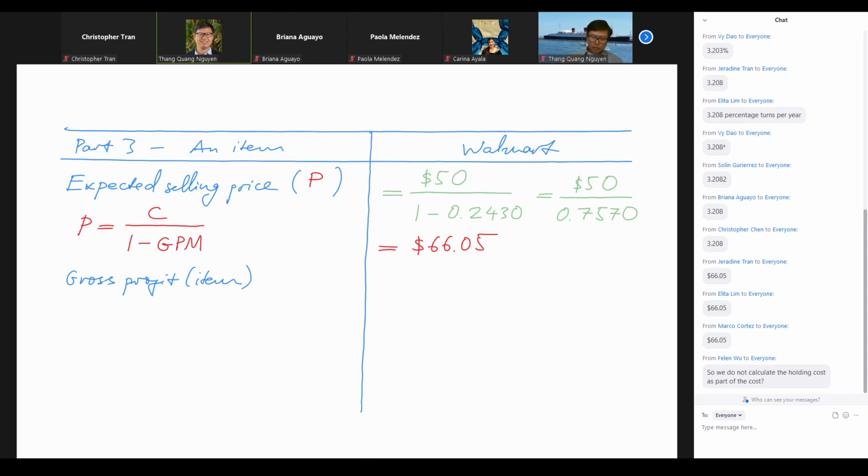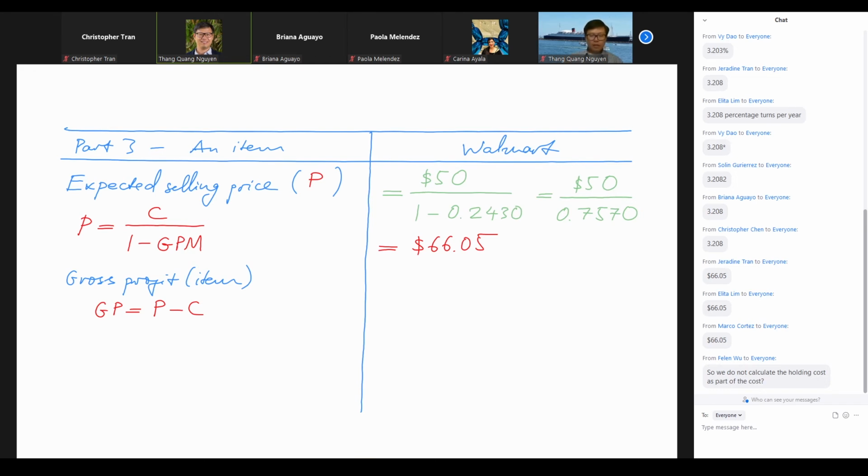So the gross profit of the item is the following: GP equals the expected selling price minus the cost of the item, right? Actually, because we do not have the item yet, the correct name for this should be the expected gross profit of the item. But for now, we just call it the gross profit of this particular item.